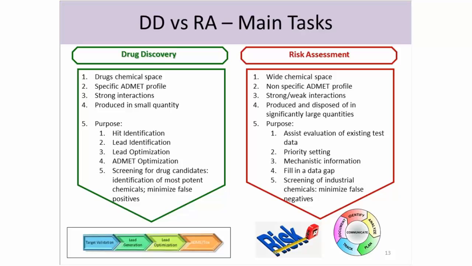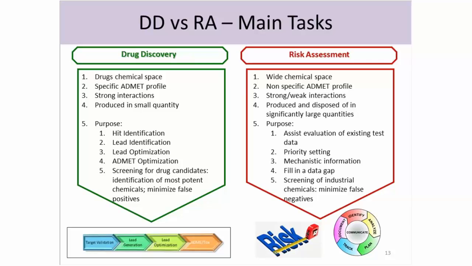So I would summarize the difference with this sentence: usually in drug discovery, what you want to do is to minimize the false positives, because you want active molecules. On the other hand, in risk assessment, what you want is to minimize false negatives, because you don't want to predict something as safe that is not safe.